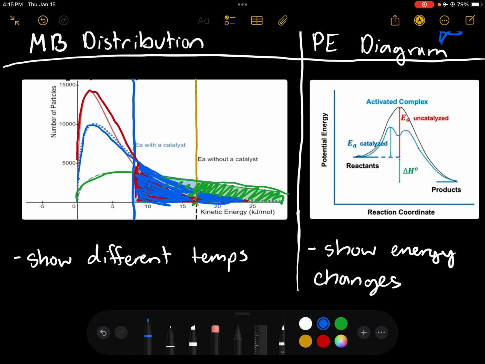And yeah, both of them can show activation energy potentially. However, this one is going to actually allow you to evaluate how much of a sample could react successfully, whereas this one just kind of gives you an arbitrary amount of energy that is necessary, but it doesn't tell you anything about a particular sample.